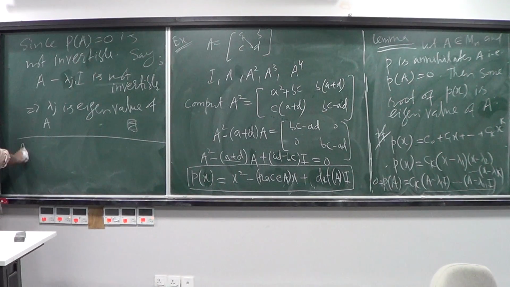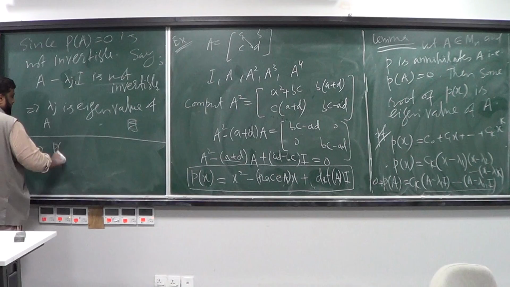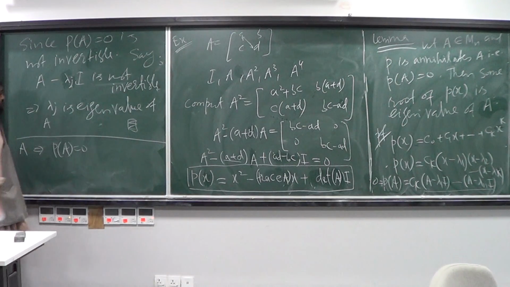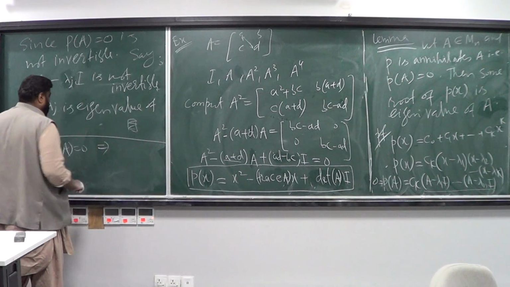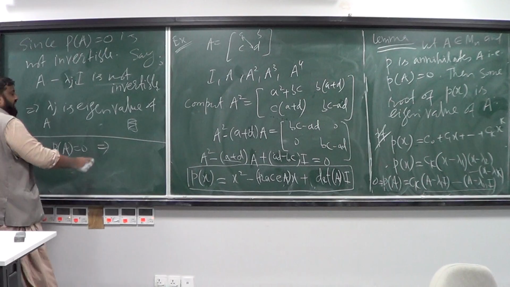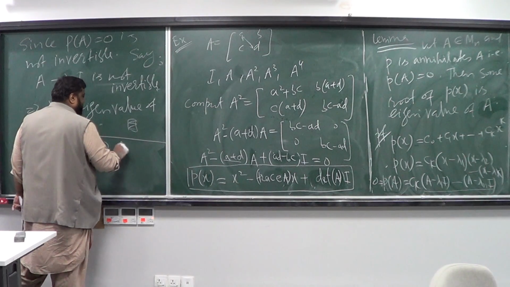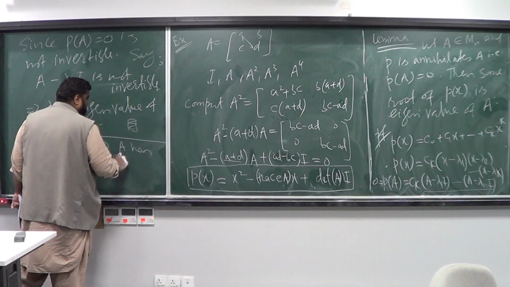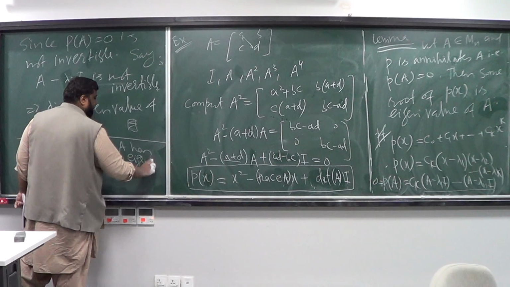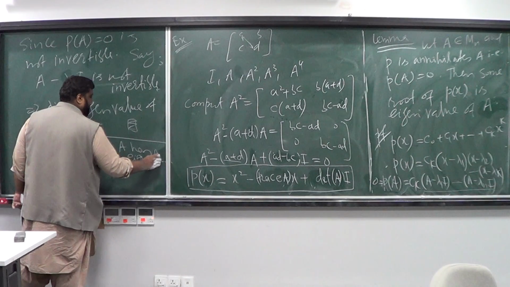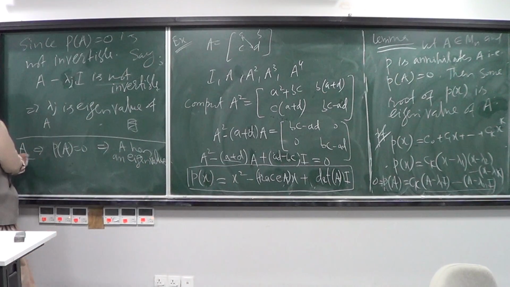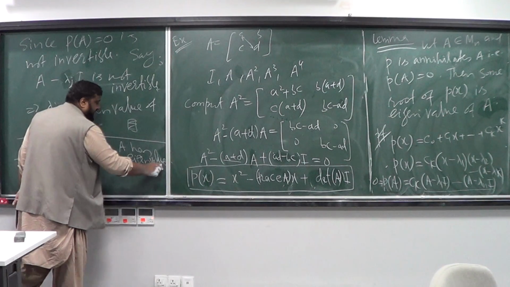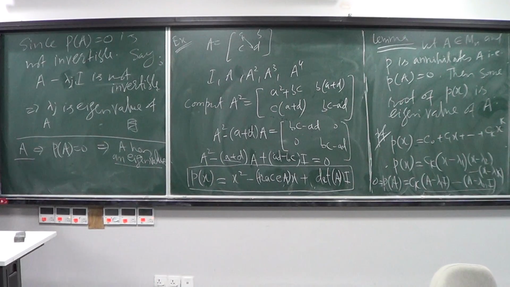If you have a matrix A, then you can find a polynomial P for which P of A is 0, and this result tells you that if this is the case, then A has an eigenvalue. And this is true for any square matrix. So any square matrix has an eigenvalue, and this proves our first contention.